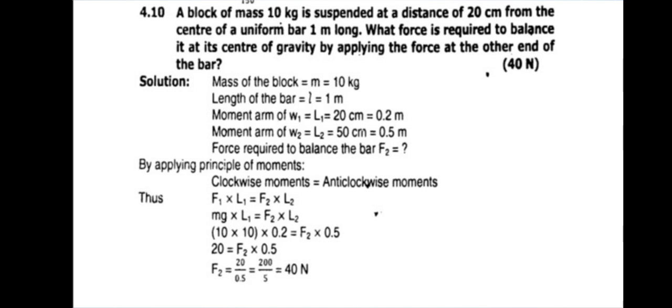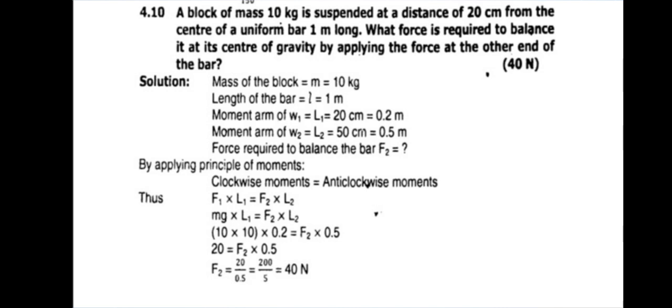Now applying the principle of moments, clockwise moment equals anti-clockwise moment. Torque 1 equals torque 2, and torque equals F1 into L along one side, and torque 2 equals F2 into L2.